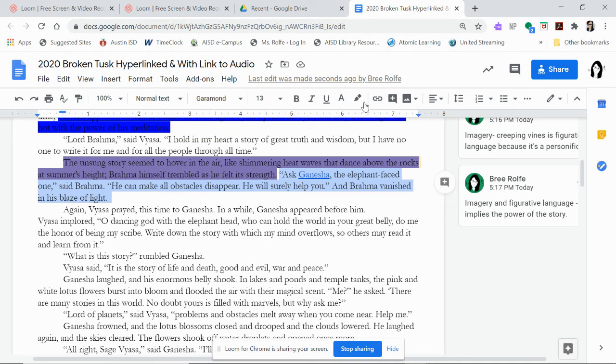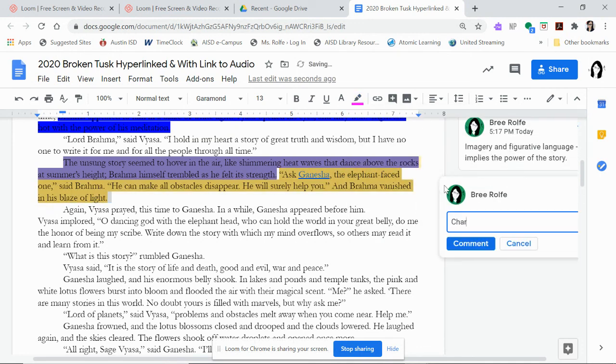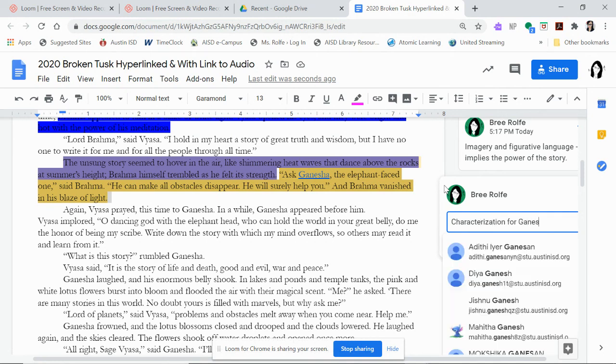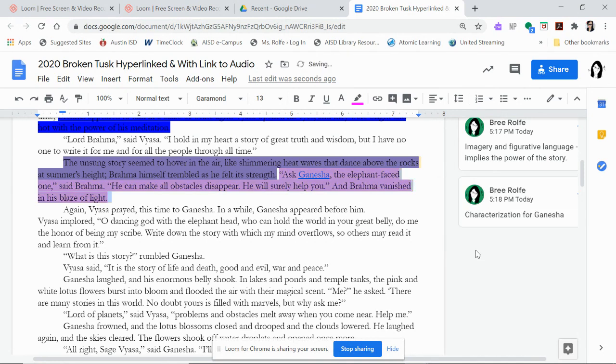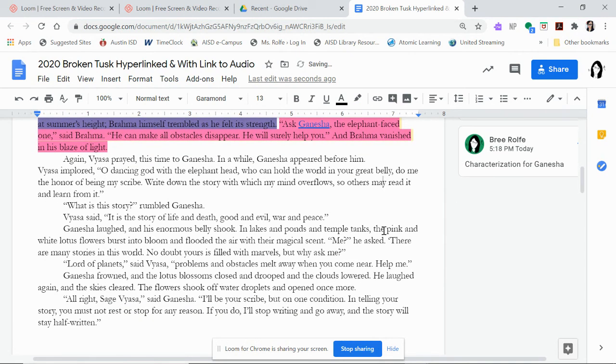And this right here is a detail. It's characterization for Ganesha. It's also kind of the next point in the conflict as well.